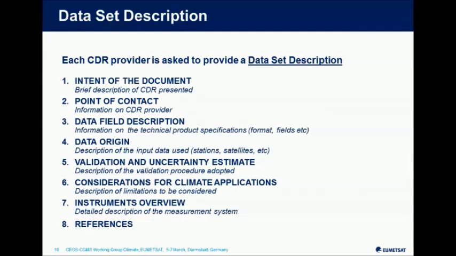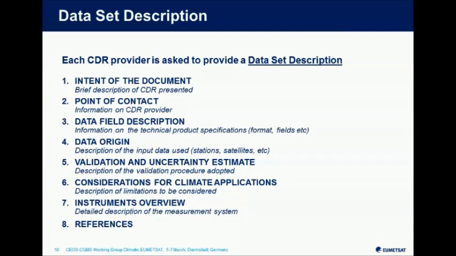And then point 7 is not very important for most of the users, that's why it's put later on. It's a detailed description of the measurement system. For example, if a particular satellite instrument is used, then the technical details, the measurement principles and so on come in point 7, and then the references.